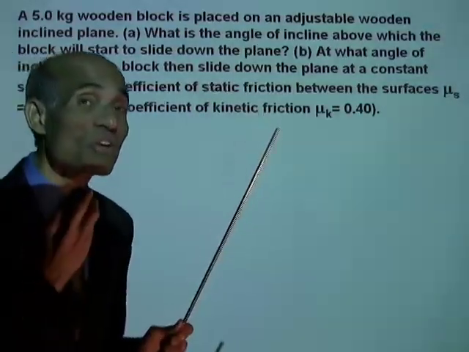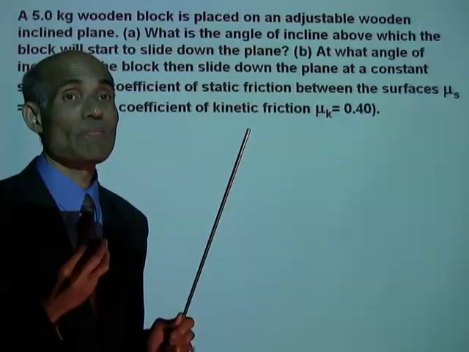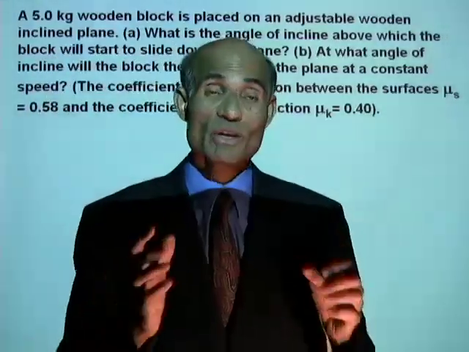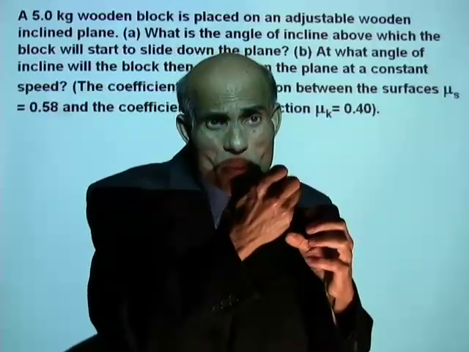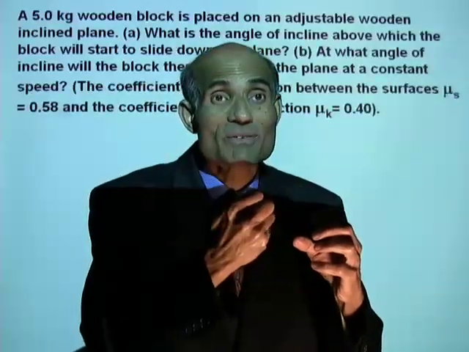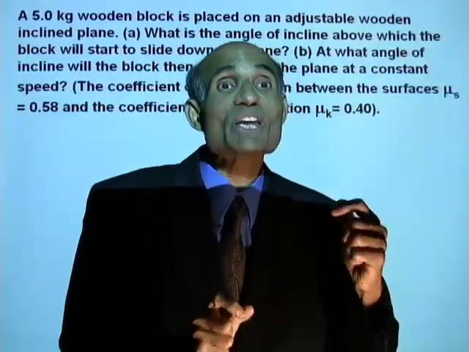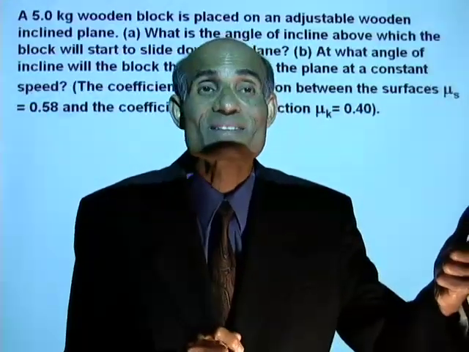Well, if you understand the concept, this problem is very simple, because when the object just begins to slide down, the angle will be such that tan theta equal to mu s.